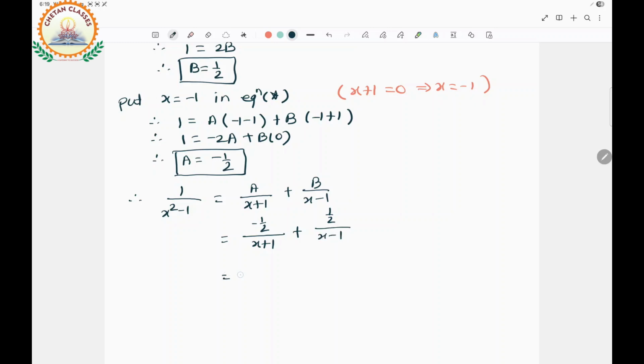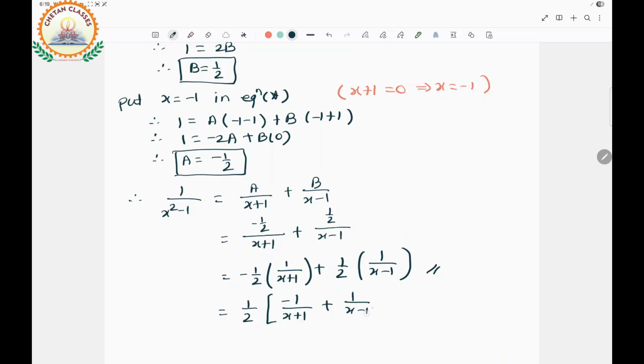So, here we write minus 1 by 2, 1 upon x plus 1 plus half into 1 upon x minus 1. This is the solution, or you can take half as common. So, we get half into minus 1 upon x plus 1 plus 1 upon x minus 1. Okay.